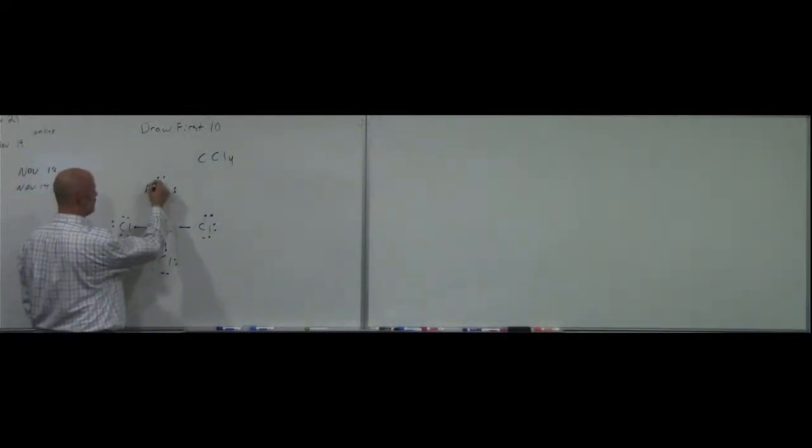We'll occasionally see this done different ways. Sometimes people just draw lines for pairs of electrons because that's easier for them. Nothing wrong with that. You may see people circle them. They may circle all of them.